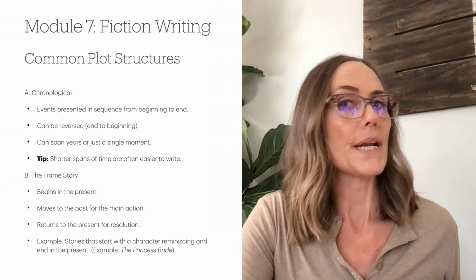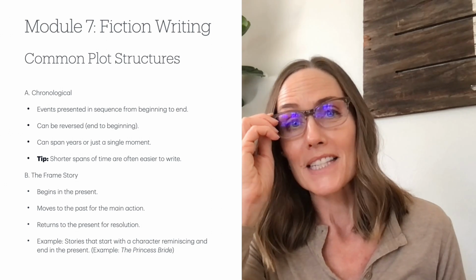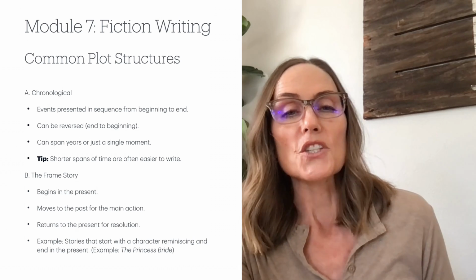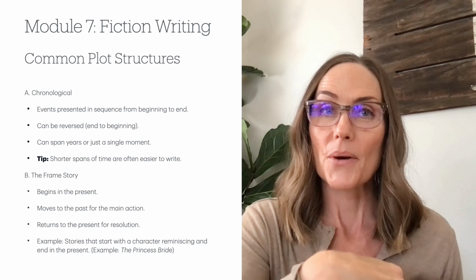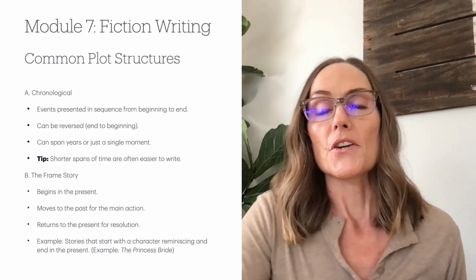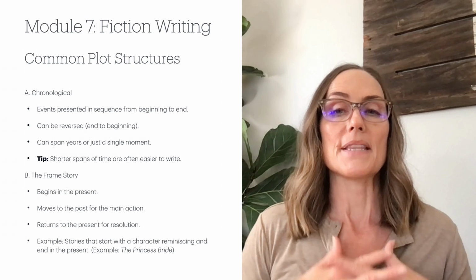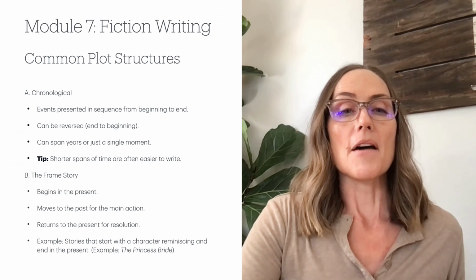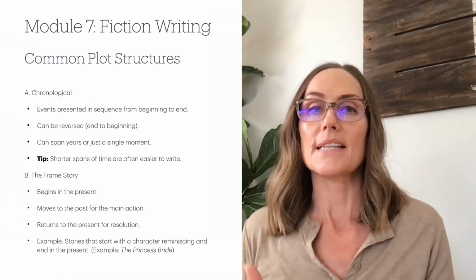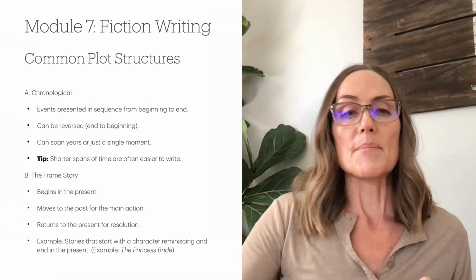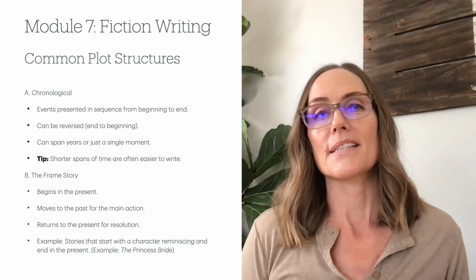So, a really great example of this is The Princess Bride. Most of us have seen that movie. This is a story that starts with a character reminiscing and it ends back in the present. So, if you're not familiar with The Princess Bride, the main story is framed by this outer story of a grandfather and a grandson. The grandson is sick and the grandfather is reading The Princess Bride, a book, to his sick grandson.